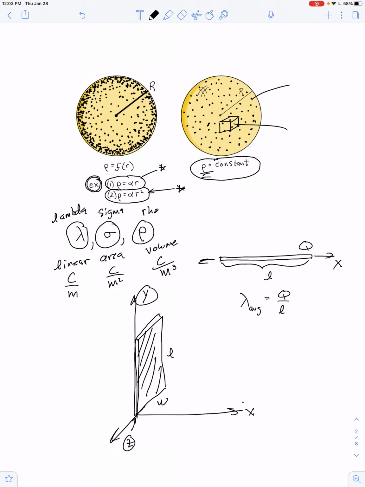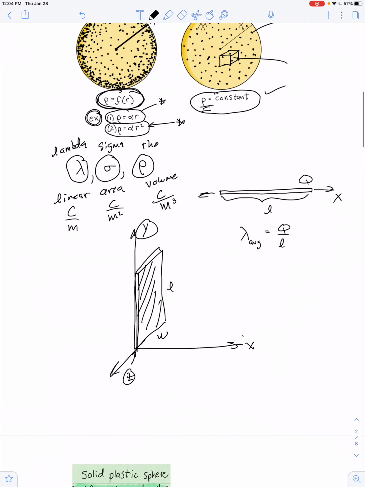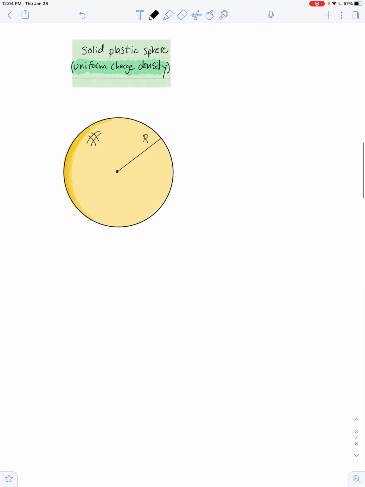And by the way, it doesn't have to be like this. It could be that it's more dense in the interior and less dense at the surface. In any case, we know in some examples that the volume density of charge may be uniform, but it doesn't have to be. It could be some function of the radius. Okay, so given that, let's dig in.